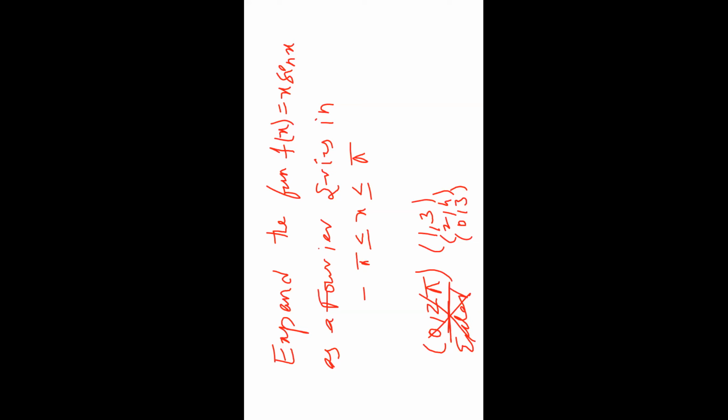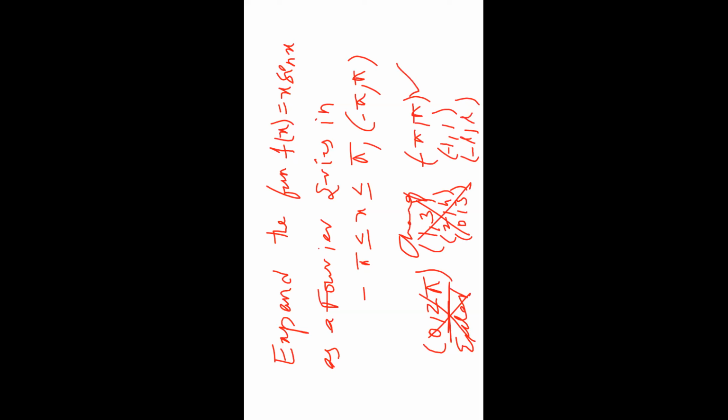So the given limits minus pi comma pi are not in this format, so this method is not change of interval. Next, even odd. The even odd formats are like minus pi to pi, minus 1 to 1, minus L to L, like that. The first format, minus pi to pi, is equal to the given problem range minus pi to pi. So the problem is either even or odd.